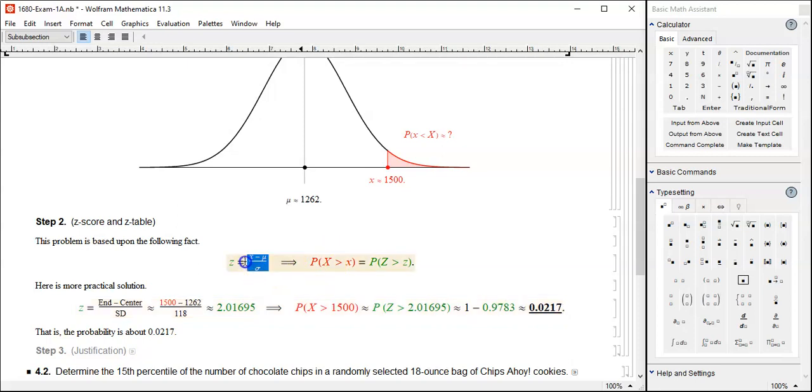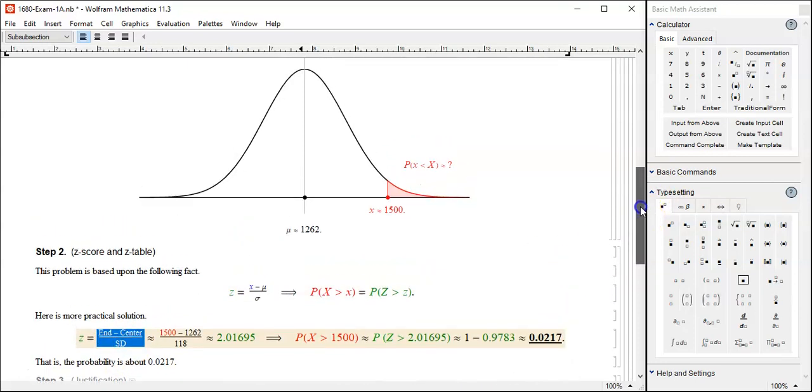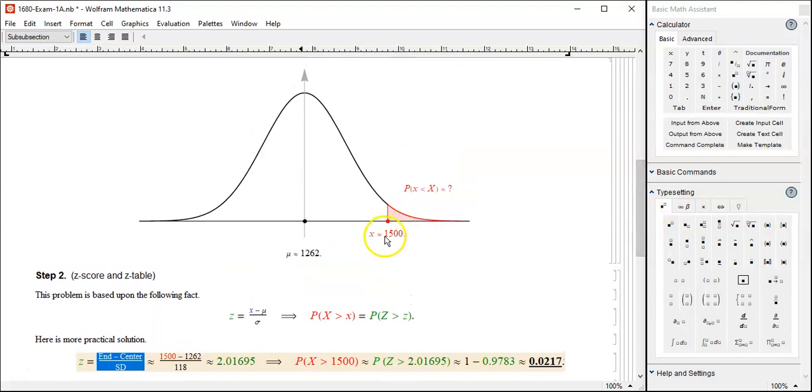There's another form, but I don't like it very much because there are so many variations of it. Sometimes we use x minus x bar, sometimes x bar minus mu, and we use s or sigma, or sigma over square root of n. It's really hard to keep track. Better this way: end minus center over SD, and that depends heavily upon the picture.